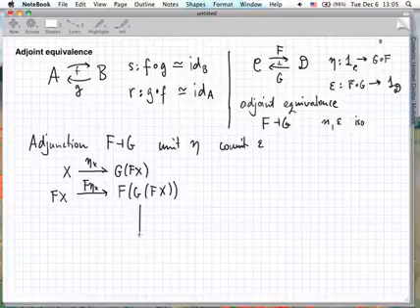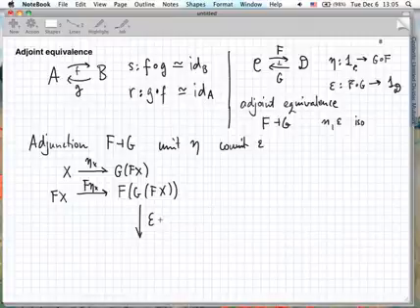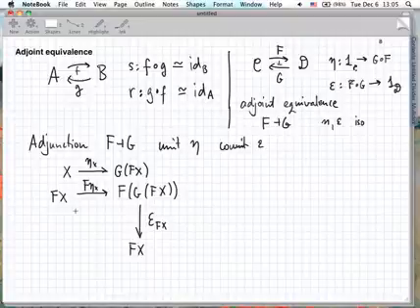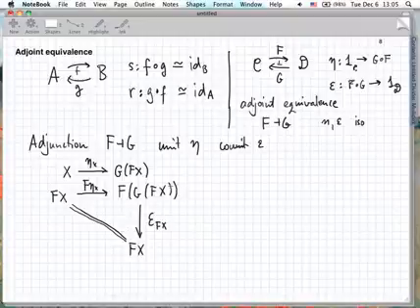So in fact, if I look at epsilon at fx, it's going to go to fx. And here I say, wouldn't it be nice if this were an equality? In fact, that is a triangle identity. And this is a way to characterize adjointness.